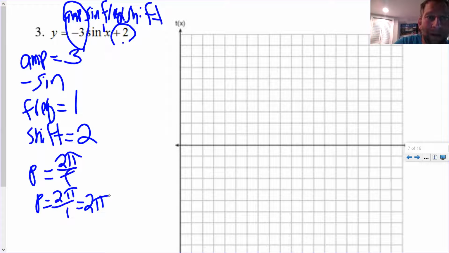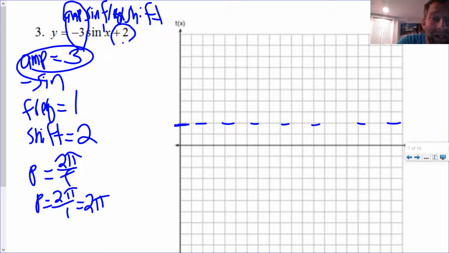So I start with my midline. My shift is 2. So at 2, I'm going to draw in a dashed midline. And since the amplitude is 3, from the midline, I'm going up 3 to 5. And I'm going down 3 to negative 1.